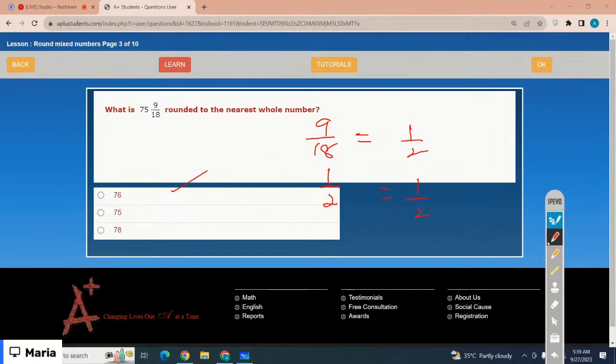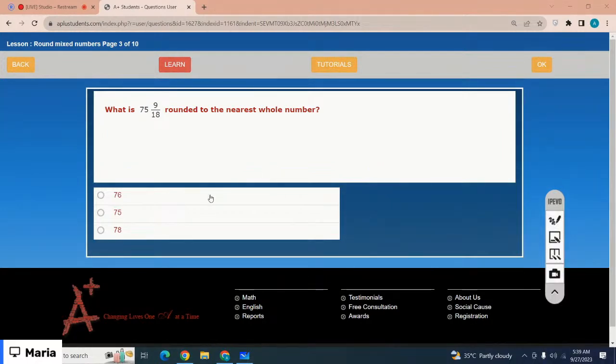That would be rounded off to 76. Got it, or do you still have any question? It is 76.